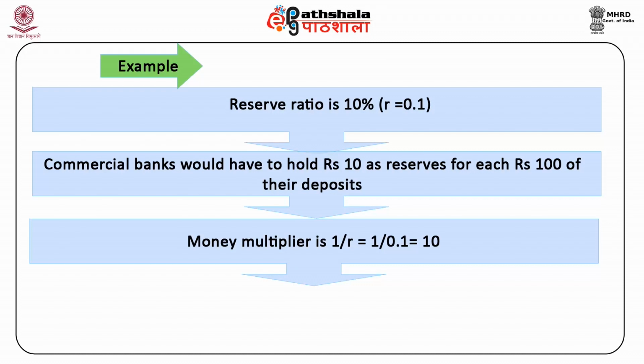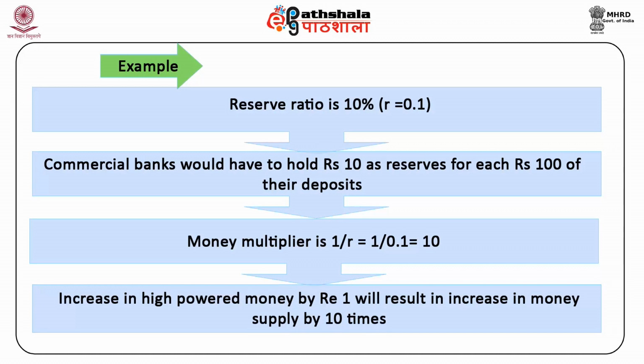The money multiplier is 1 divided by small r, which is 1 divided by 0.1, equal to 10. That is, an increase in high-powered money by rupee 1 will result in increase in money supply by 10 times.